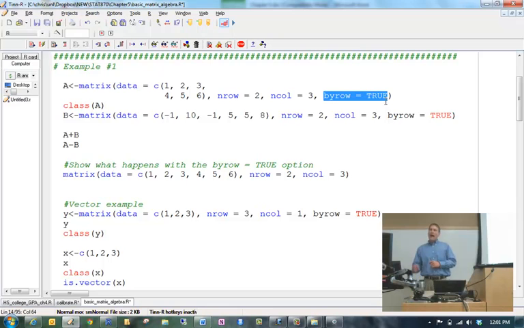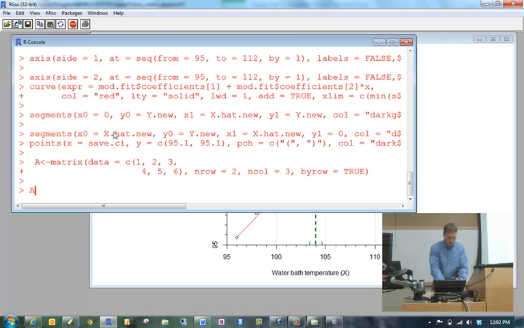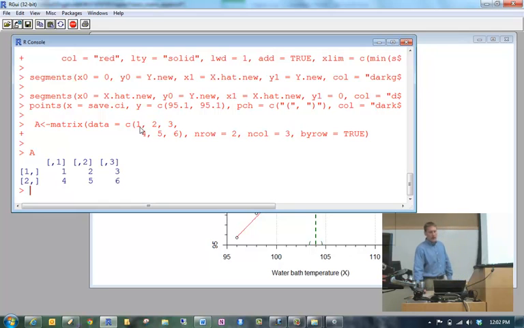That tells R how you are arranging the elements inside the matrix. So for example, notice that 1, 2, 3 goes in the first row. 4, 5, 6 goes into the second row.